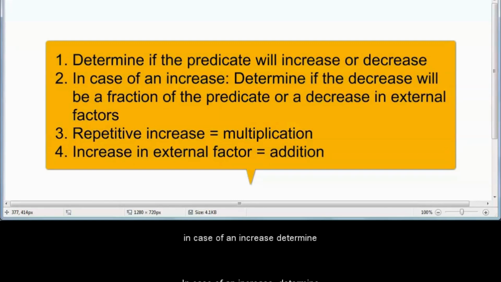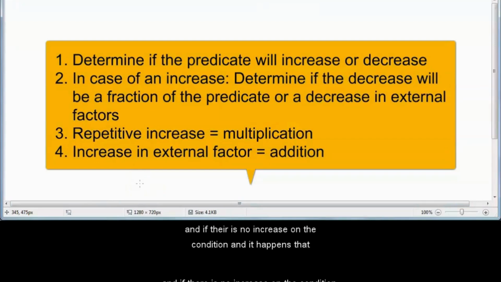In case of an increase, determine if the increase is repetitive or due to an external factor. If the increase is repetitive, it's multiplication.